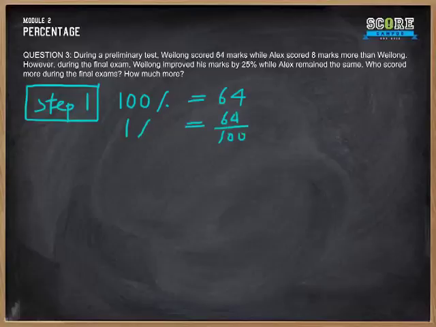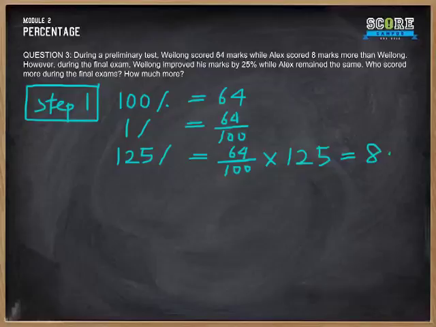By 25%. So we need to base the final answer on 125%, which is equal to 64 over 100 multiplied by 125. And what is the answer you get? You get 80. So this is Wei Long's final examination score.